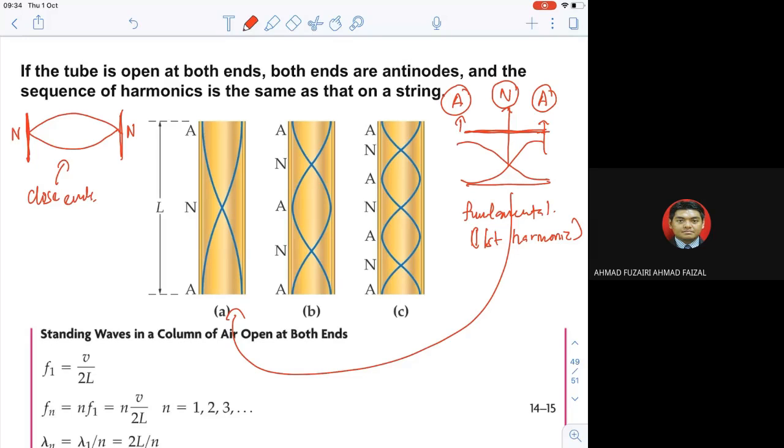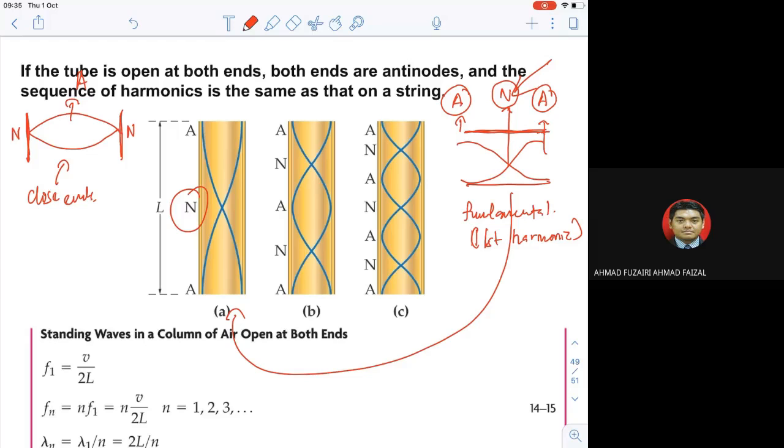How can I know this one is the first harmonic? Earlier, in the closed end, we looked at A, the antinode point. For the open end, we look at how many node points. This is the first harmonic: N, 1.